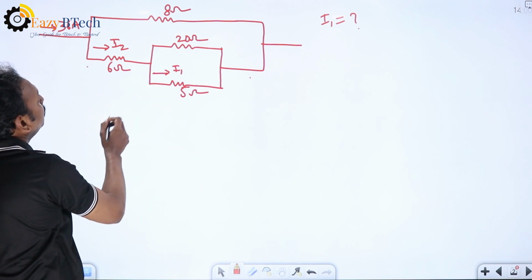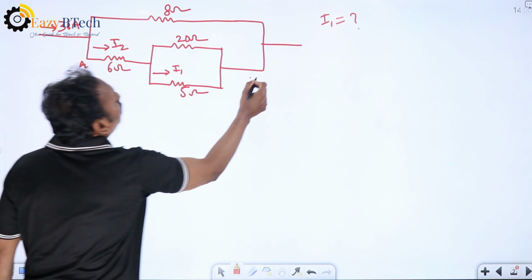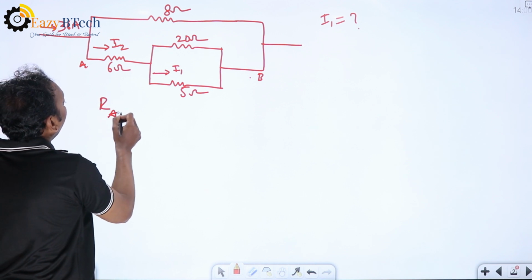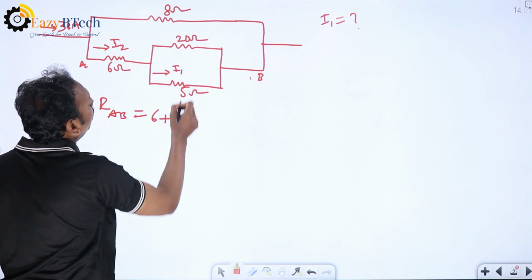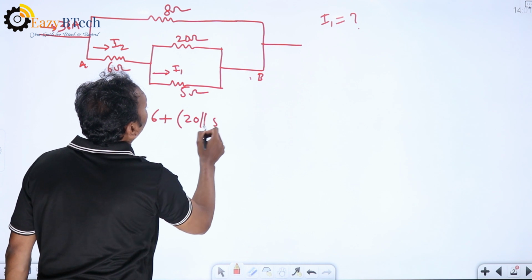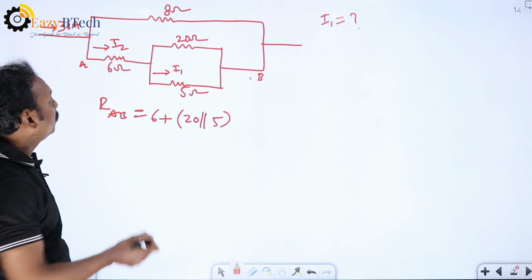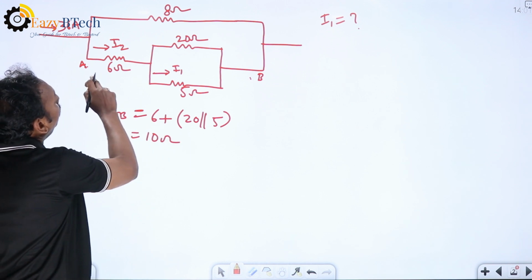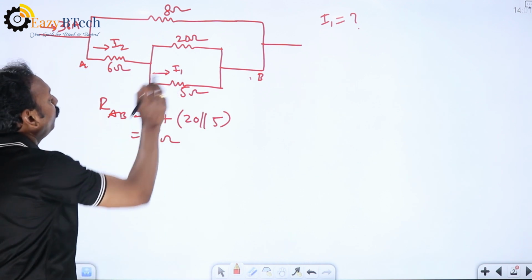Assume this is A and this is B, between A and B. RAB equal to 6 in series with these two in parallel, that is 20 parallel to 5, which gives 4 ohms. 4 plus 6 gives 10 ohms. So between A and B, the total resistance value is 10 ohms.